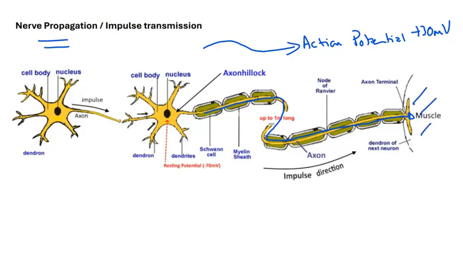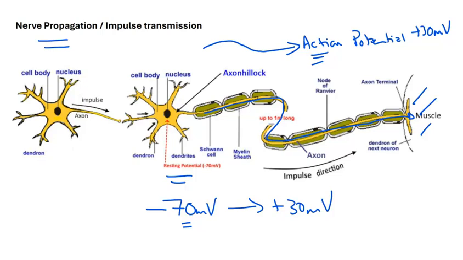But our concern is, how does this actually begin when the resting potential is already sitting at minus 70 millivolts? So how do we get from minus 70 millivolts to plus 30 millivolts? And this begins with the interaction between cells of the central nervous system and our motor nerve, as shown in the image to the right.